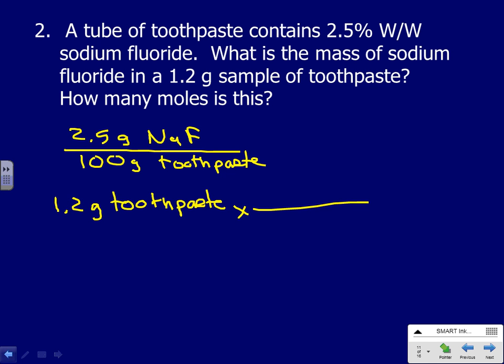Well, I want to figure out how much sodium fluoride is in that 1.2 gram sample of toothpaste. I can use it exactly the way it is. And it's looking like 2 significant digits, because the 100 here, by the way, in our percent is exactly 100. That's the definition of percent. It's exactly 100. So 2 significant digits here.